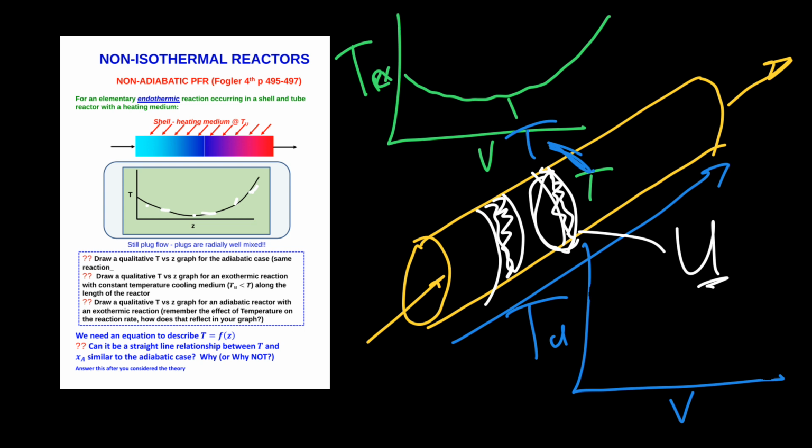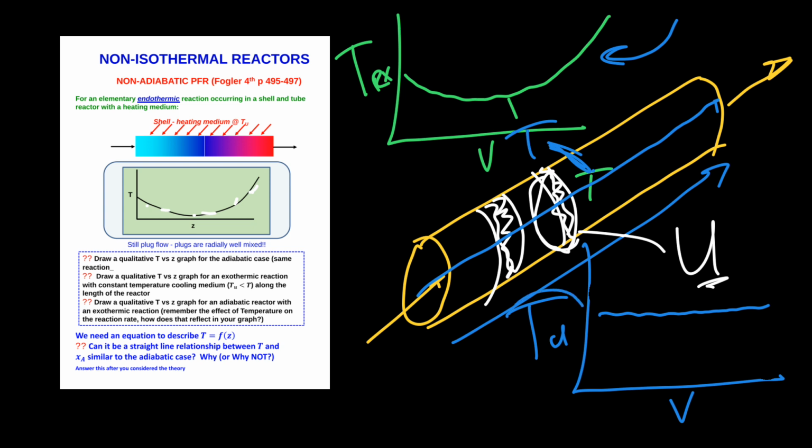In many of the examples, we are going to assume a constant utility temperature, and in many of the tutorial problems, only consider the change in temperature and its effect on heat transfer of the reacting fluid as it moves through my reactor.